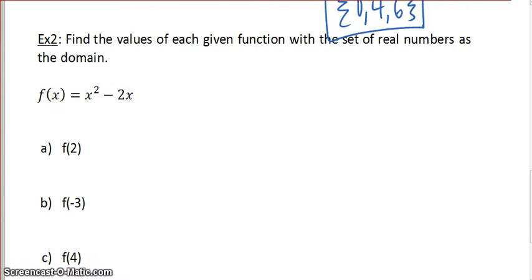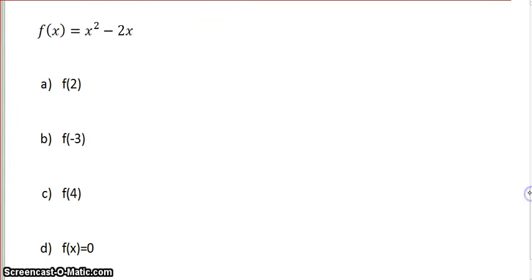It says find the values of each given function with a set of real numbers as the domain. So we're coming down here. We have our equation and we're given f of 2. So again, we are going to find what f of 2 is. F of 2 equals 2 squared minus 2 times 2, which is 4 minus 4, which equals 0.